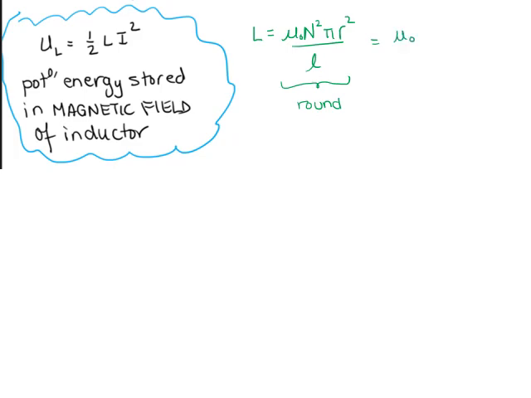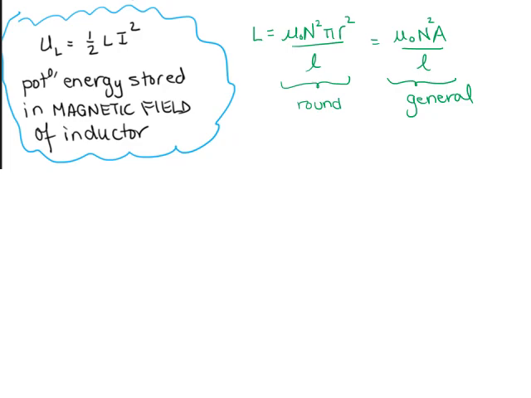If your solenoid has some other shape, then it's mu naught times n squared times A over l. So that's for round, this is for general. On the bottom there, that should be l, not another A. Okay, so the inductance of an inductor depends on the number of coils and the area and the length, just like a capacitor depends on the area and the plate separation.